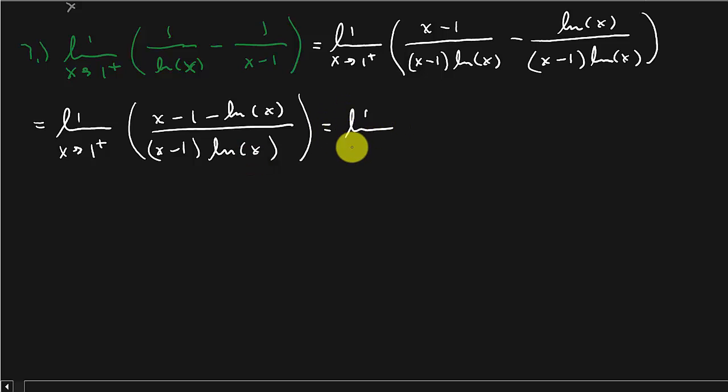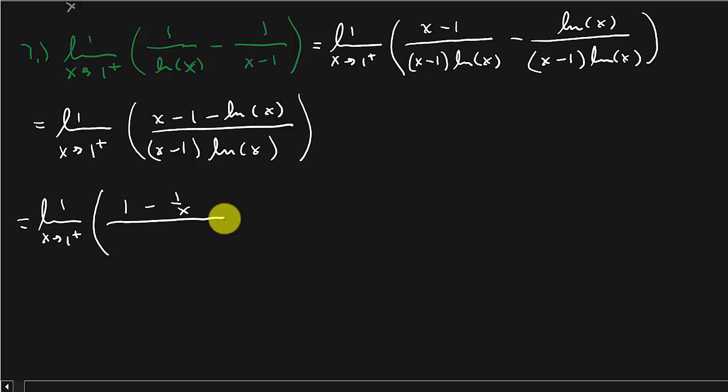So that's going to give me the limit as x goes to, well, let me come down here and do it. Make sure I have enough room. So I've got the limit as x goes to 1 from the right, and that's going to be 1 minus 1 over x. That's the derivative of the numerator. Derivative of the denominator, that's product rule. So that's going to be 1 times natural log x.